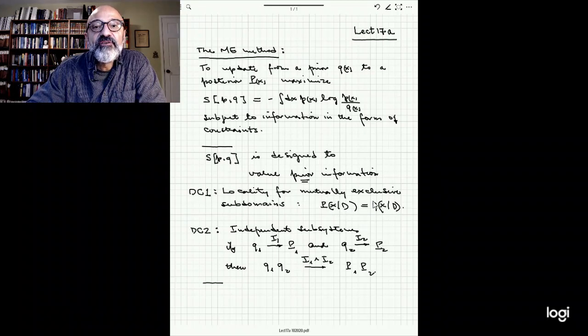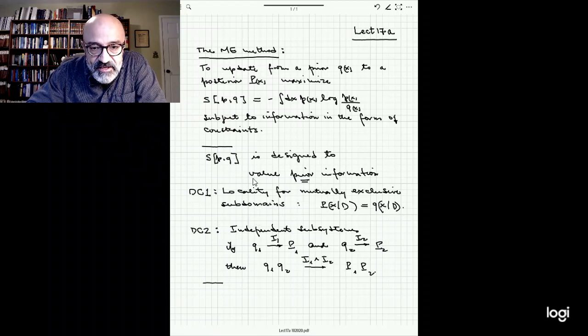The posterior coincides with the prior. This is what I mean by we value prior information. If in the information you received there is nothing to tell you how those probabilities should be updated, then you don't.